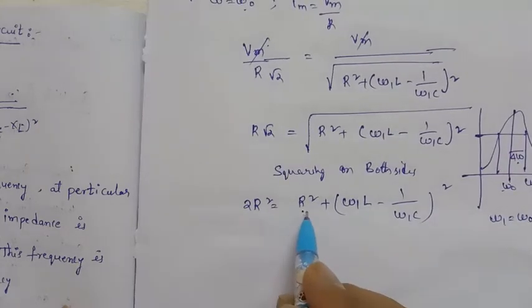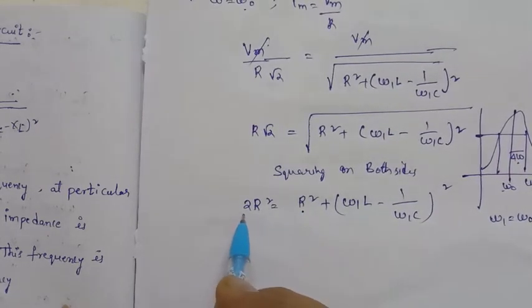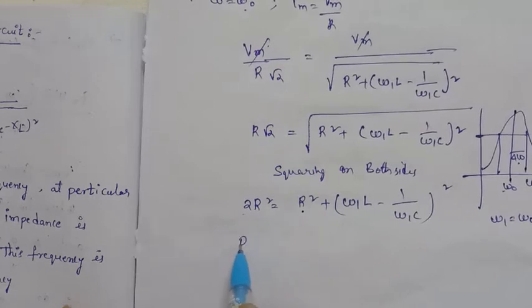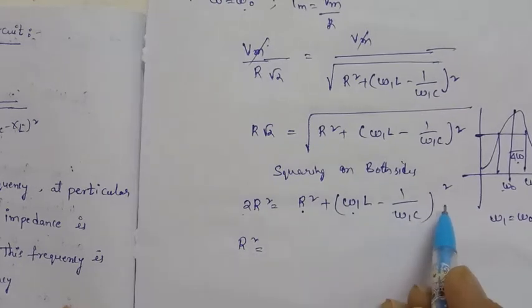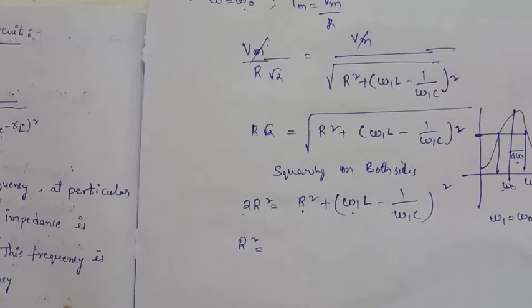Take this R square to the other side, so 2R square minus R square is nothing but R square, which equals omega 1 L minus 1 by omega 1 C whole square. Now cancel the square on both sides. Then we get the expression omega 1 L minus 1 by omega 1 C.